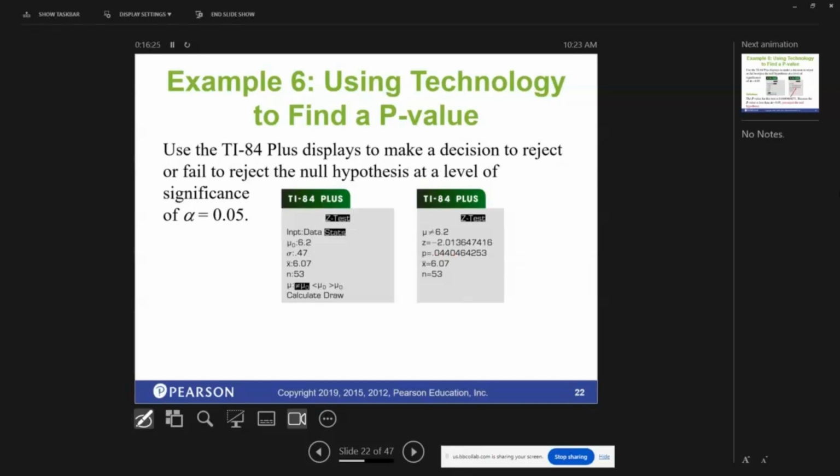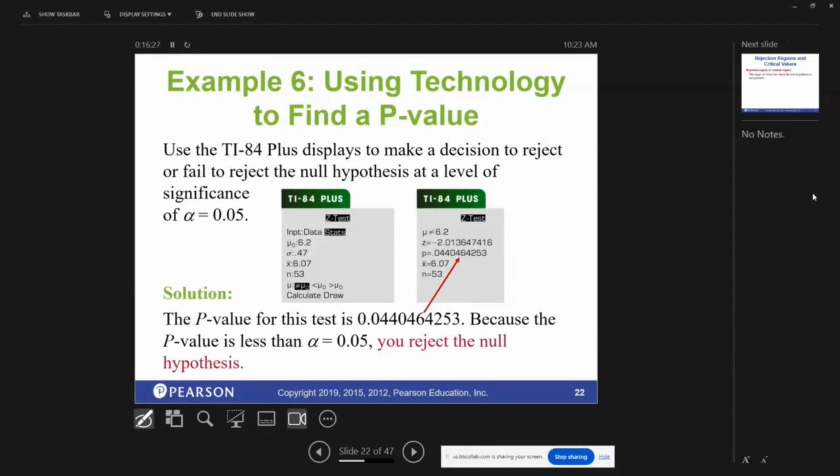So in this particular problem, when you compare the p-value to an alpha of 0.05, then p is less than alpha, and so you can reject the null hypothesis. And we'll look at an example here in a minute where we'll actually go through that screen on the calculator to make sure you know how to use it.